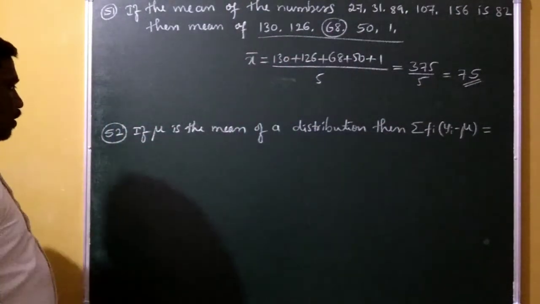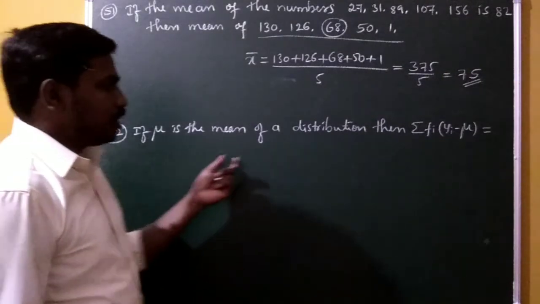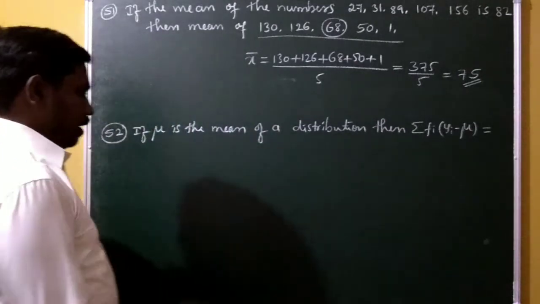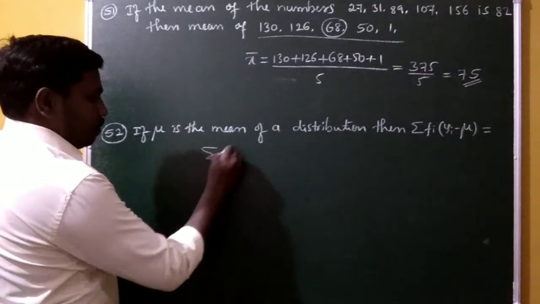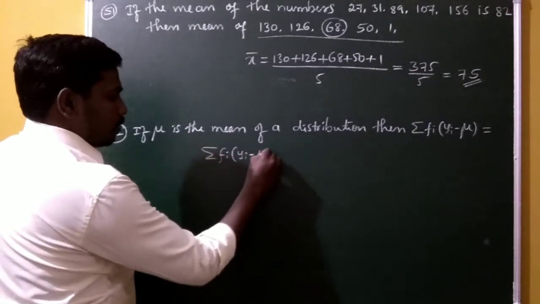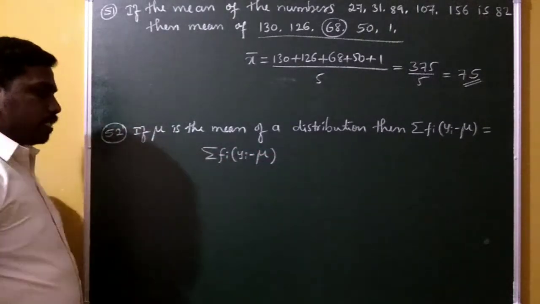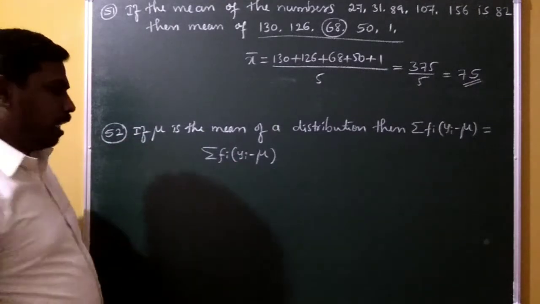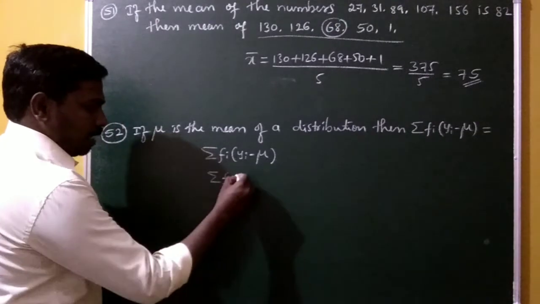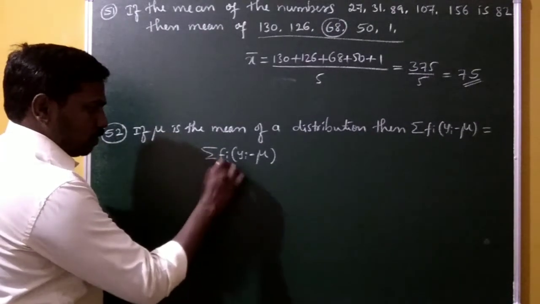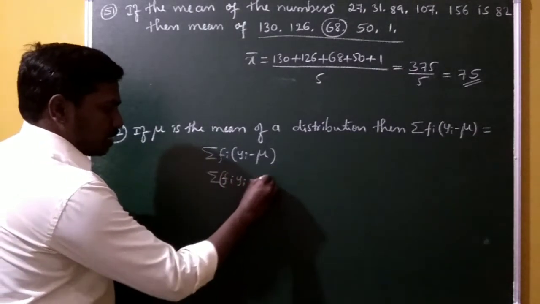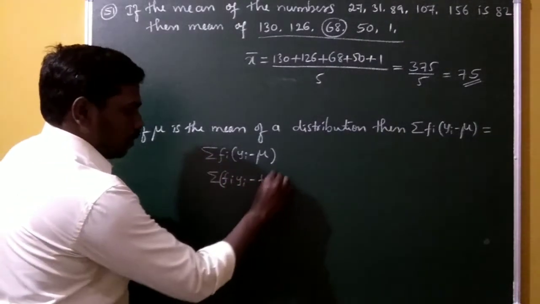Okay, so next, if mu is the mean of the distribution, then what is the summation of this value, summation of fi into yi minus mu? There is no modulus and no square, so applying the summation, summation of fi into yi minus fi into mu.